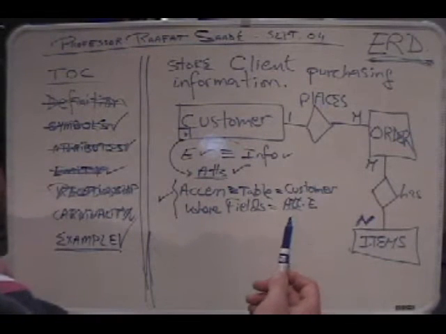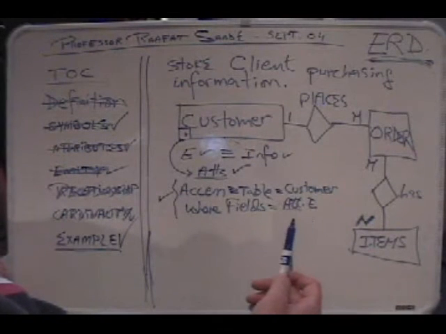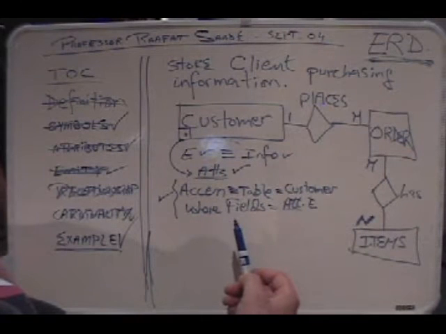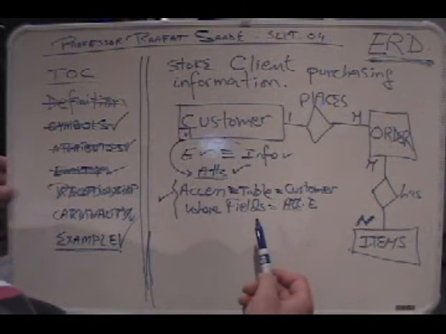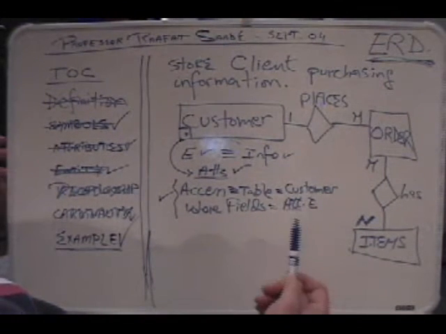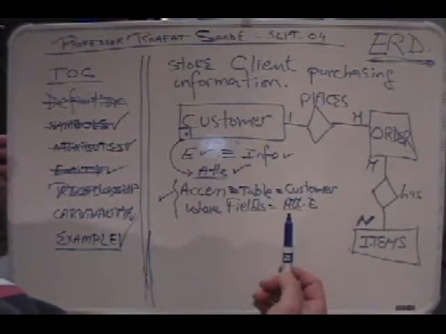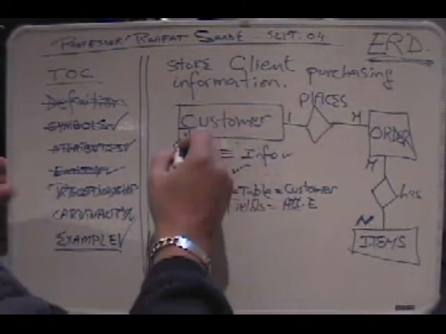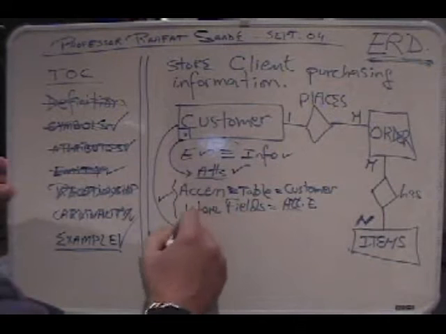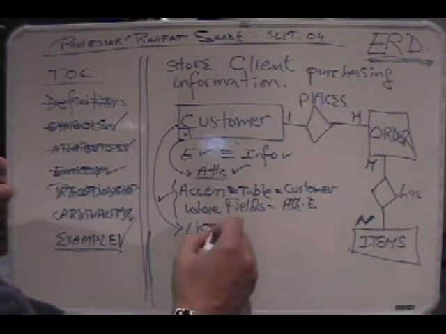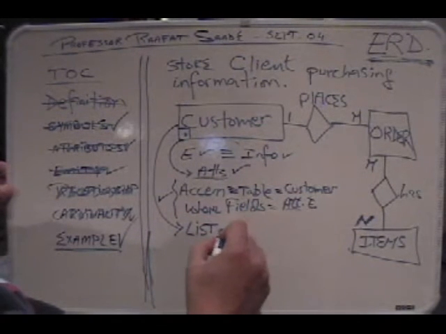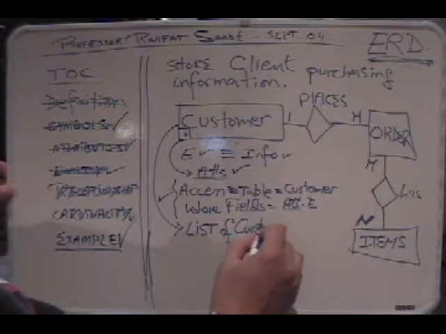So in effect, we see a table structure that could be populated with many, many customers. What does this mean? It means that this, in effect, is a table giving you a list of customers.